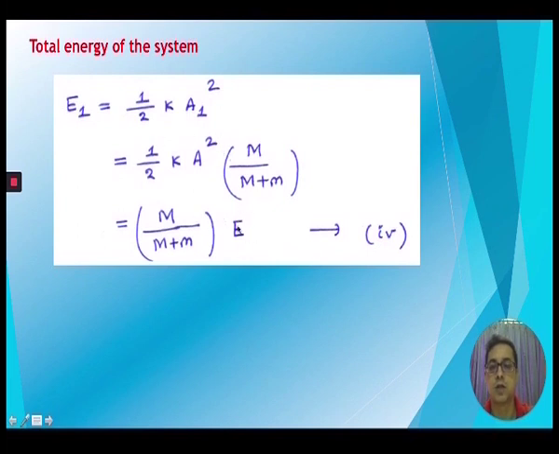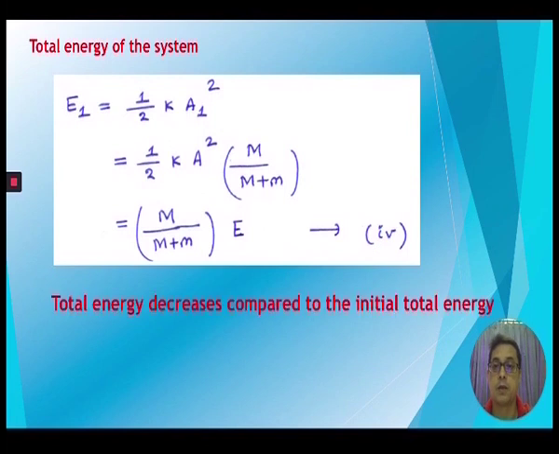So this is the expression we get. Immediately you can see that the initial energy gets changed when I consider case 1. Total energy obviously decreases compared to the initial total energy. This is obvious from equation 4 here. I hope all of you are getting it.